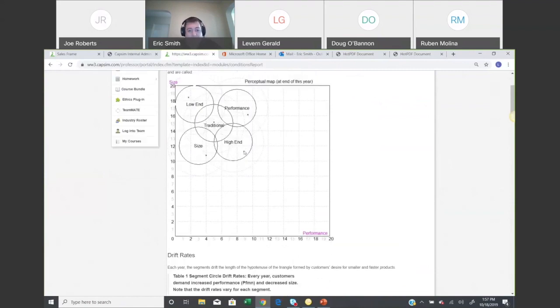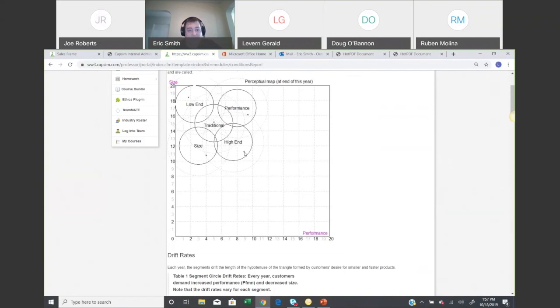Just for some perspective, remember, this business model is that customers expect faster performance and a smaller size as time goes on. So the bottom right of every circle would be the cutting edge of that particular market segment. So it makes sense that in high end they want something near the bottom right.